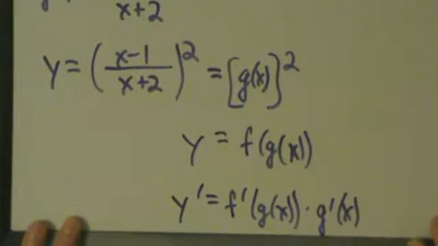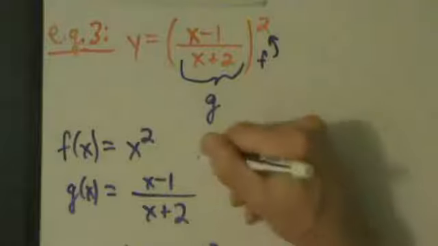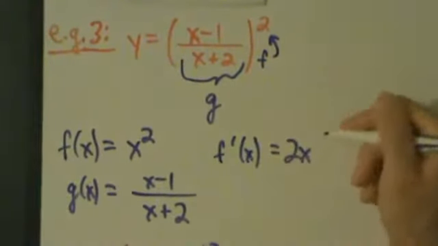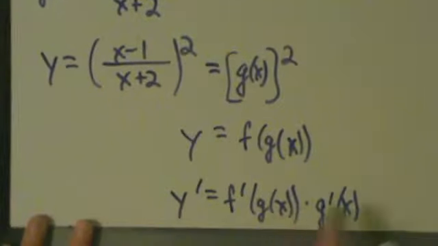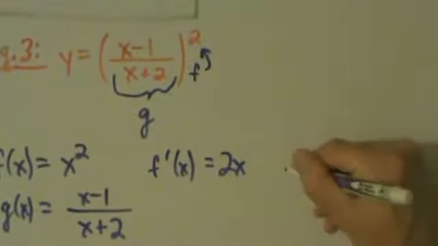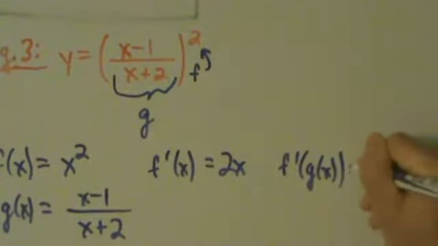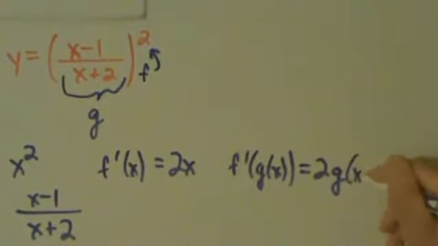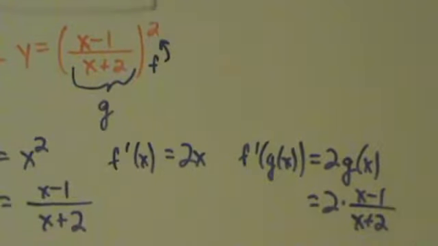Okay, so now let's figure out what these things are. So here, if f of x is x squared, then that means f prime of x is just 2x. But just like before, we don't want f prime of x, we want f prime of g of x. So f prime of g of x is 2 times g of x, which is 2 times (x minus 1 over x plus 2).